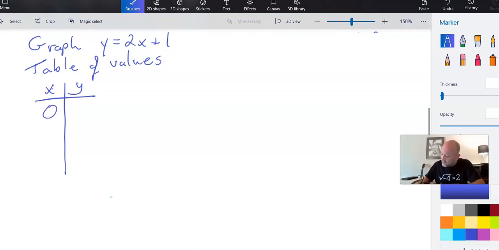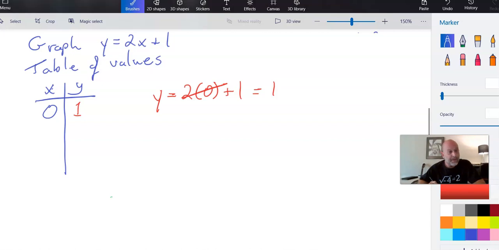We plug in 0 for x, and then we see what y has to be if x is 0. So y is equal to 2 times x plus 1, and x was 0. If I plug that in, the 2 term goes away, and I just get a 1. So y is equal to 1 here.